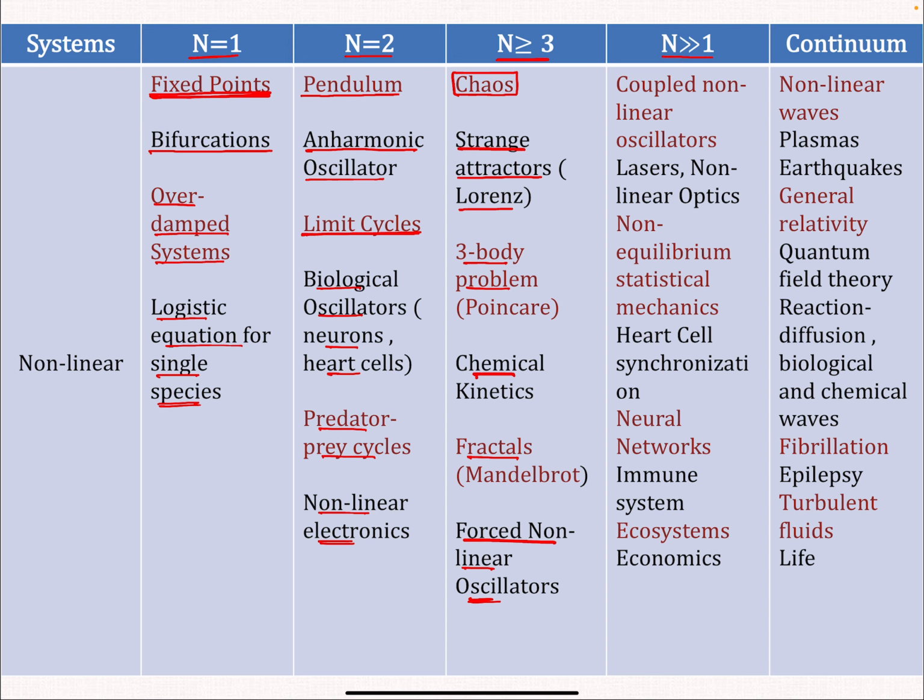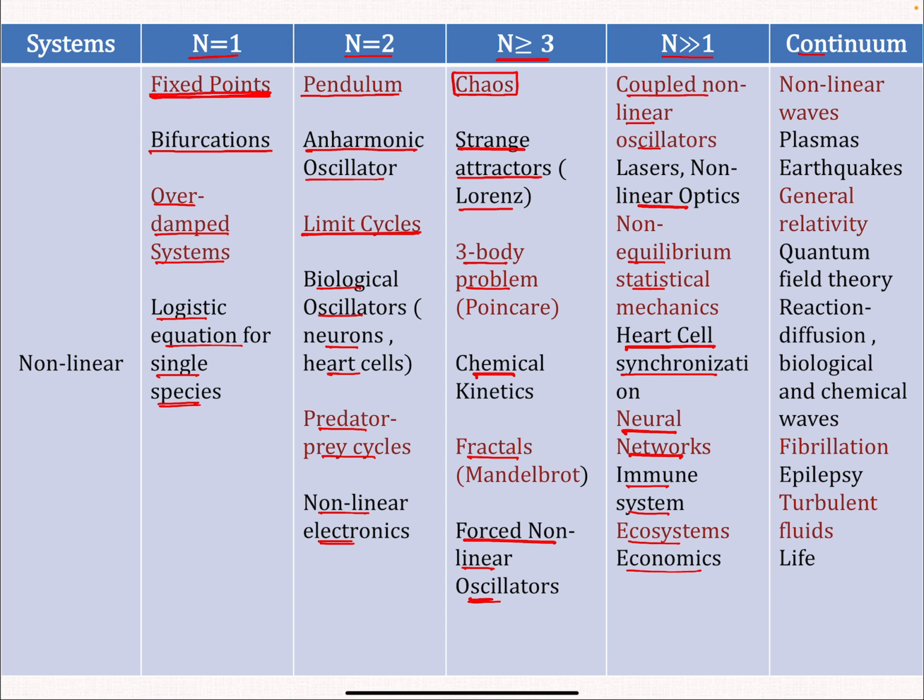When the dimension is very large, examples are coupled nonlinear oscillators, lasers, nonlinear optics, non-equilibrium statistical mechanics, heart cell synchronization, neural networks, immune system, ecosystems, and economics.